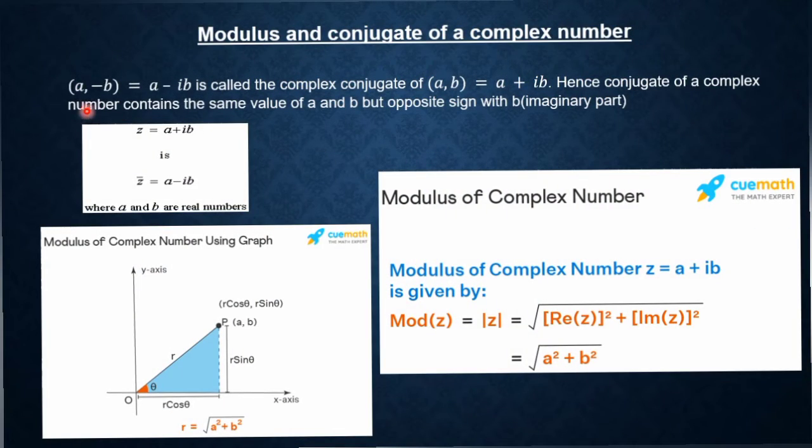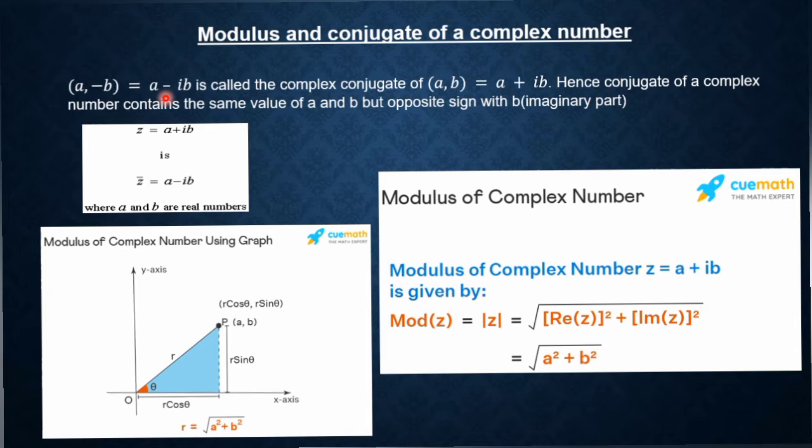Modulus and conjugate of a complex number. The complex number (a, minus b), also written as a minus iota b, is called the complex conjugate of (a, b), that is, a plus iota b. Hence the conjugate of a complex number contains the same value of a and b but with the opposite sign for b, the imaginary part.